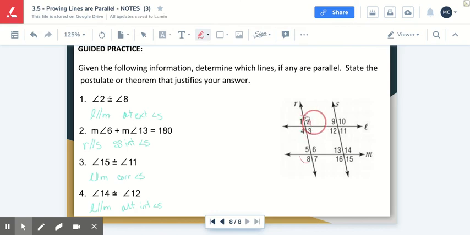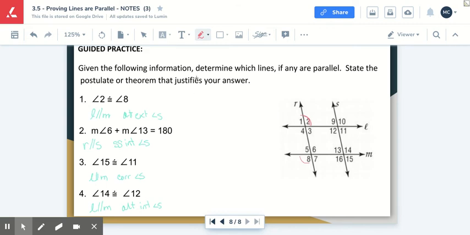So the relationship between those two is they would be alternate exterior angles. So line R would be our transversal there, so that means line L and line M would have to be our parallel lines. And because the relationship between those two is alternate exterior angles, this would actually be the converse of the alternate exterior angles postulate.